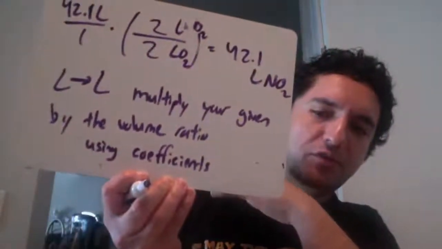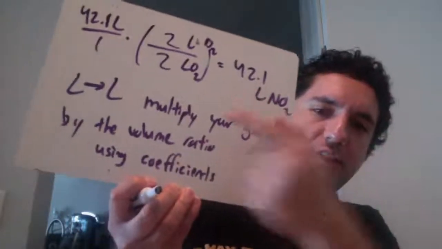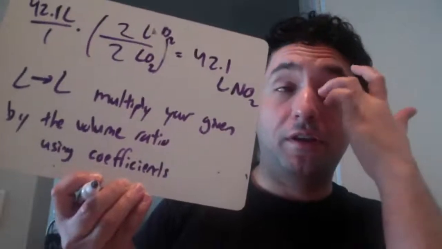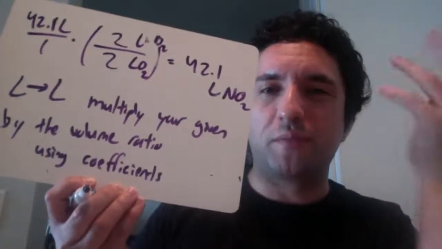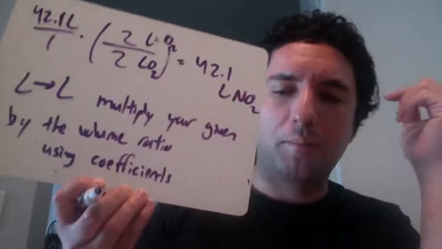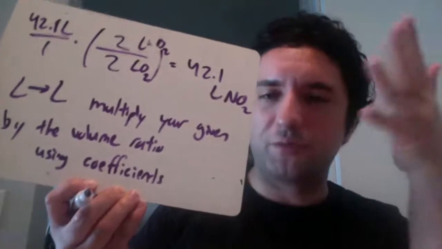Yeah, so if you're just going from liters to liters, just multiply it by that one fraction. It's the same as the mole ratio when we're doing stoichiometry in that last unit. So you're using coefficients. So you have to balance the equation first and put the coefficients there. That's where these 2's came from. But we just call it volume ratio instead because we're trying to get liters.